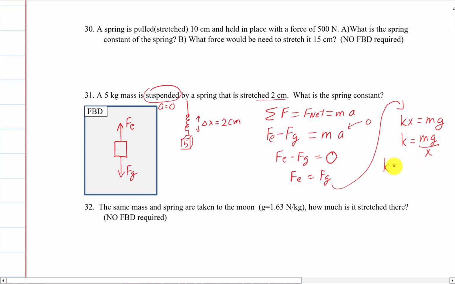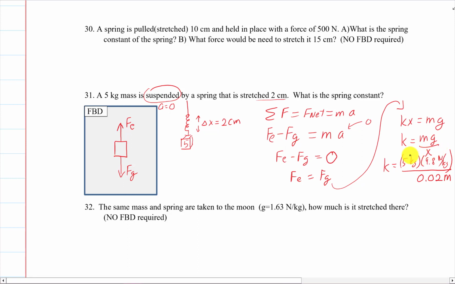And K is the spring constant, so that's just going to be mg all over x. So K is going to equal 5 kilograms times 9.8 newtons per kilogram all over x, which is 0.02 meters. Let's just see if we're doing this right. This is pretty decent.